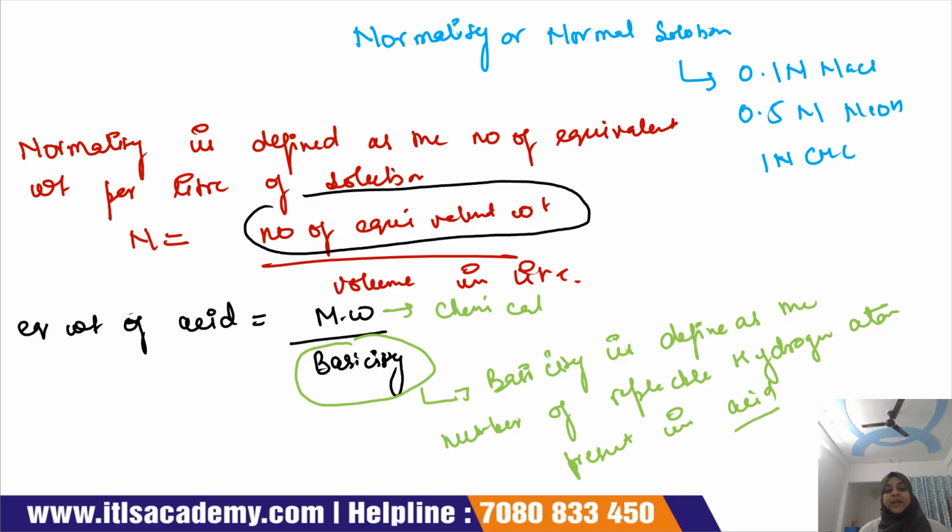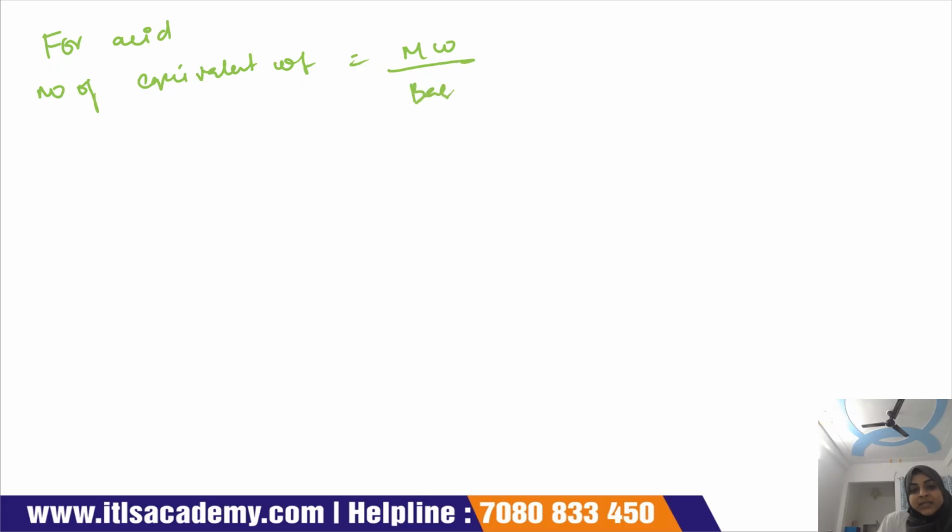If 2 are present, the basicity will be 2. If 3, the basicity will be 3. This is how we calculate the basicity. Now for an acid, we all know the formula: the number of equivalent weights is equal to molecular weight divided by basicity.